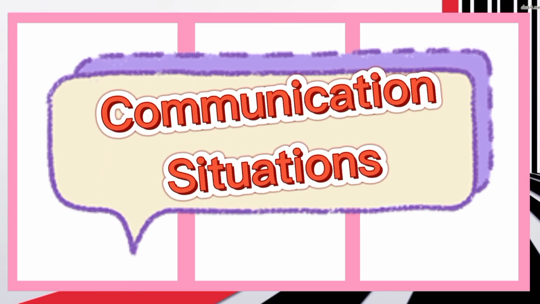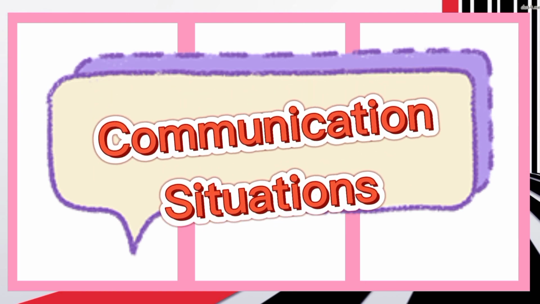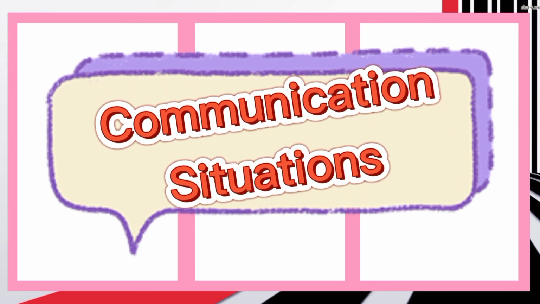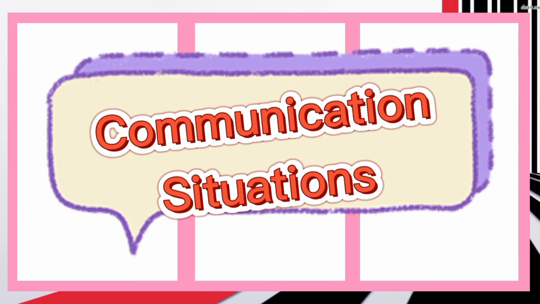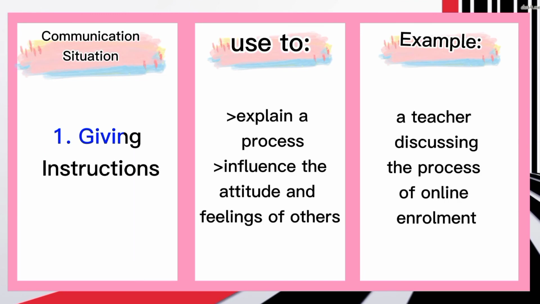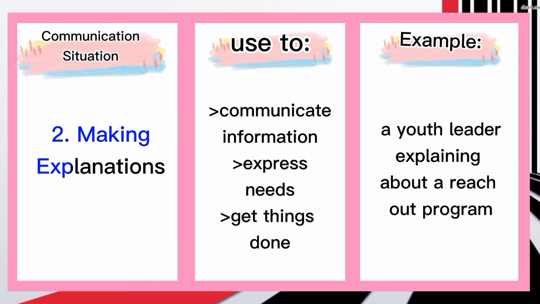This table shows the different communication situations that we have and what they are used for. Number 1, giving instructions. Giving instructions is used to explain a process and influence the feelings and attitudes of others. For example, a teacher discussing the process of online enrollment. Number 2, making explanations.